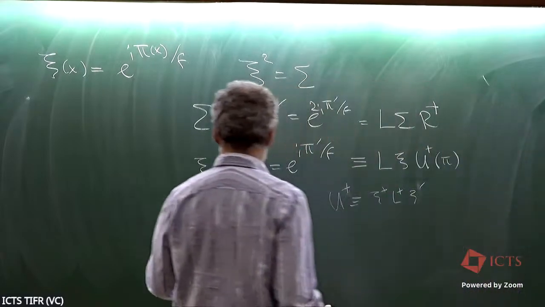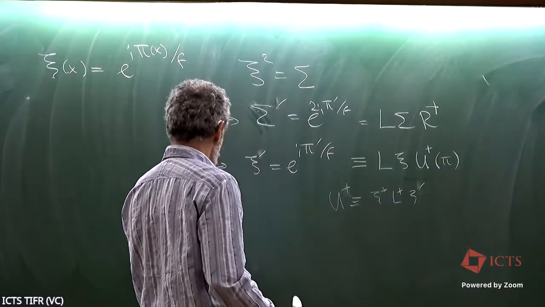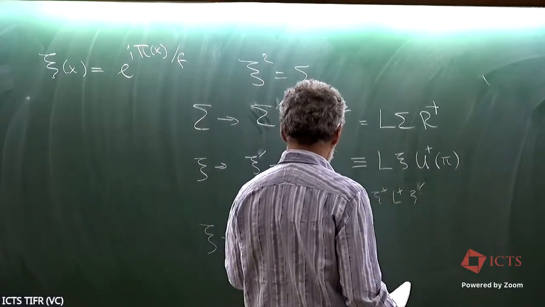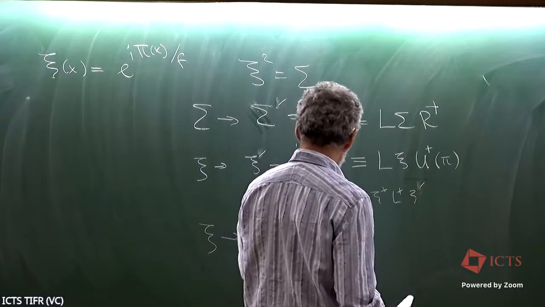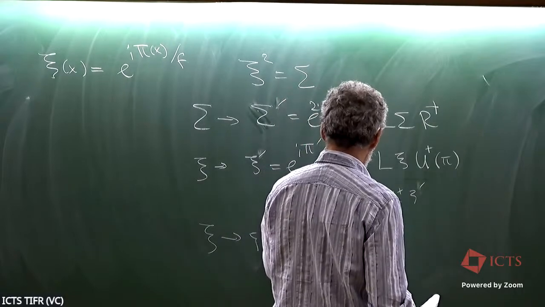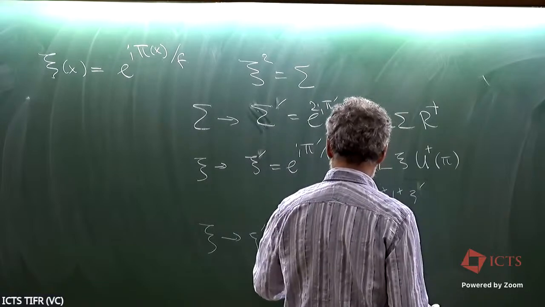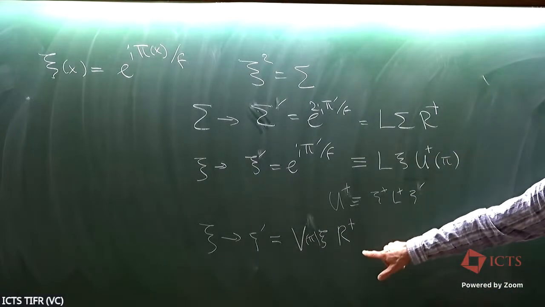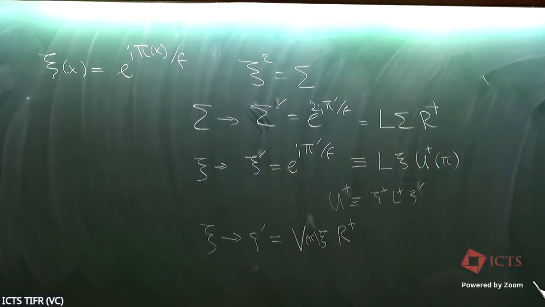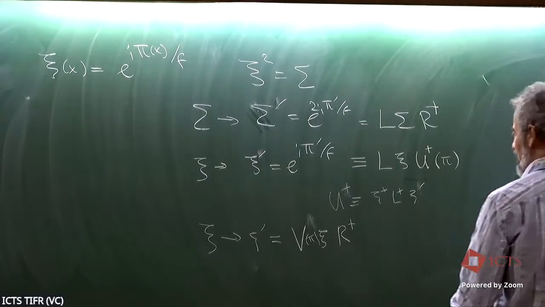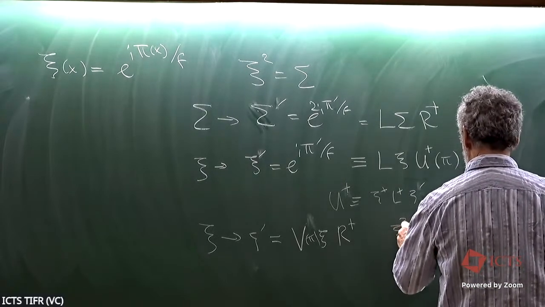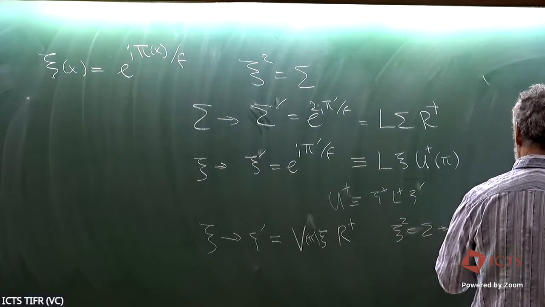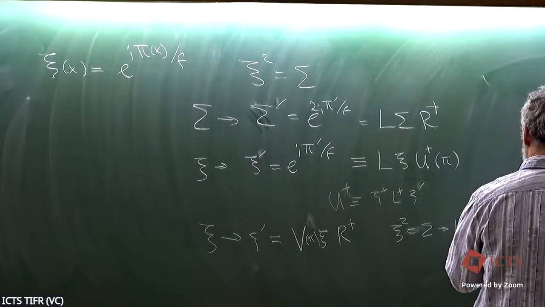Now, I could have also said that C goes to C prime, which is equal to V C R dagger, where this is a function of pi. It's a very similar definition with a different matrix. But we know that C squared is equal to sigma, which goes to L C squared R dagger.